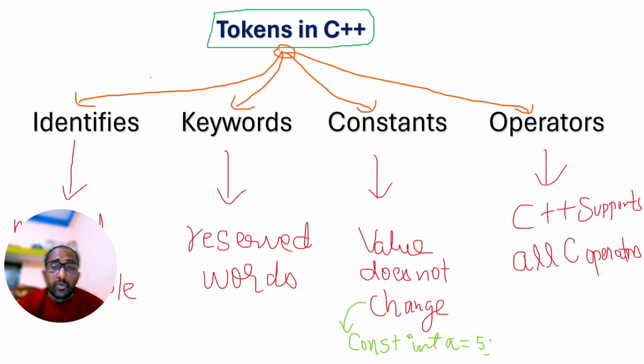In every programming language, we use tokens. The code we write is made up of identifiers, keywords, constants, and also operators.